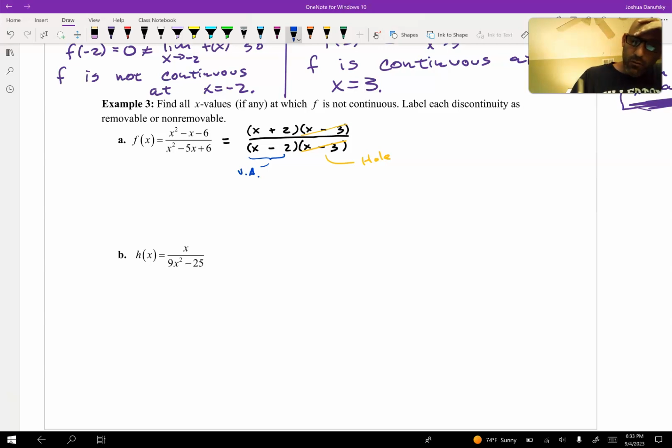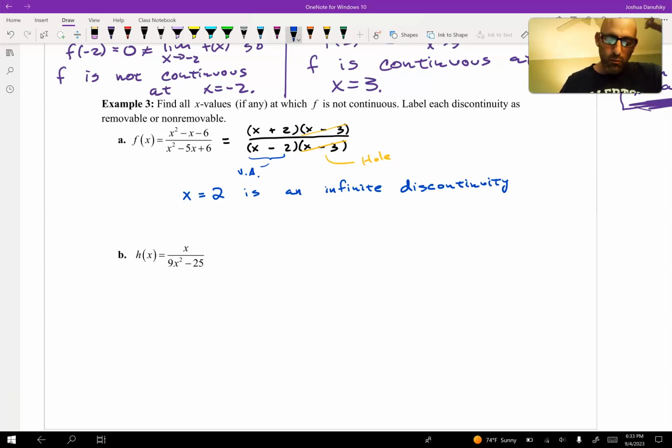Okay, so what we have is x equals 2 is an infinite discontinuity, which is a terminology I actually prefer to what's in the question.